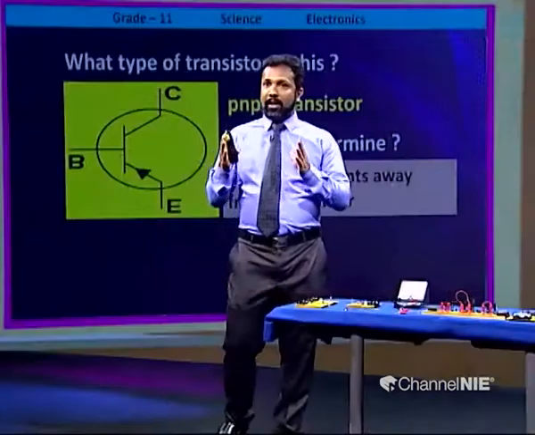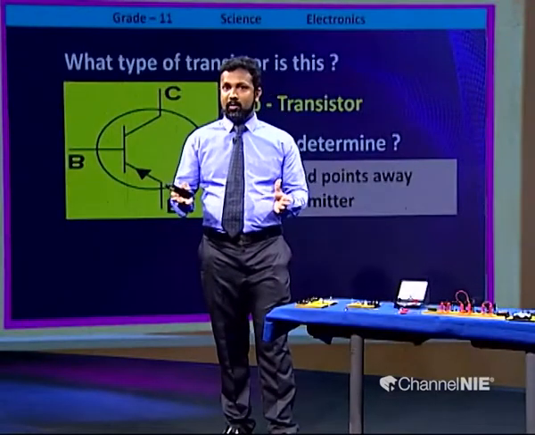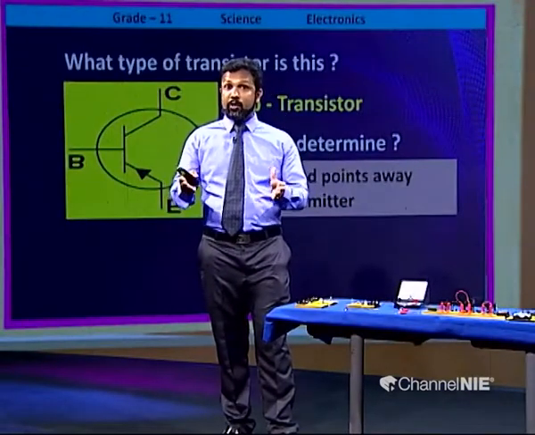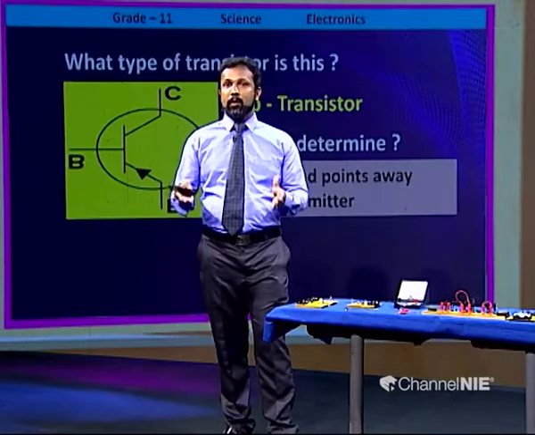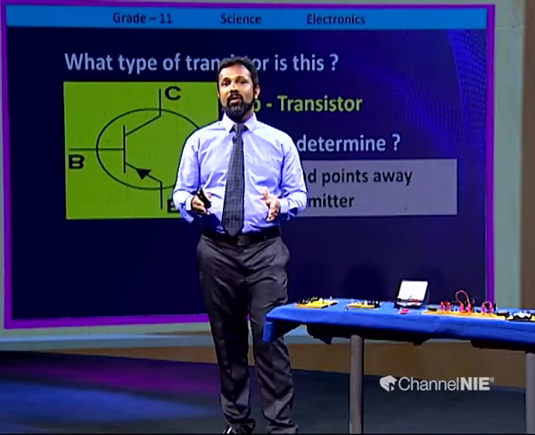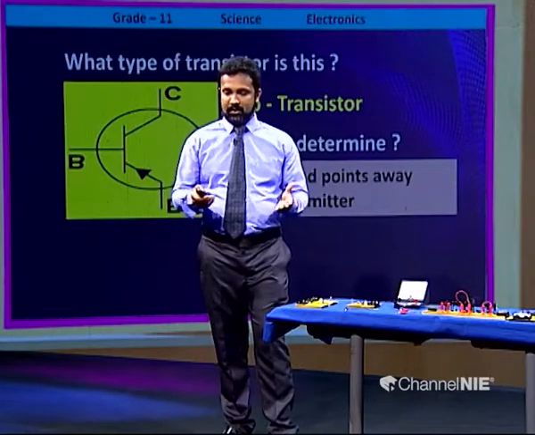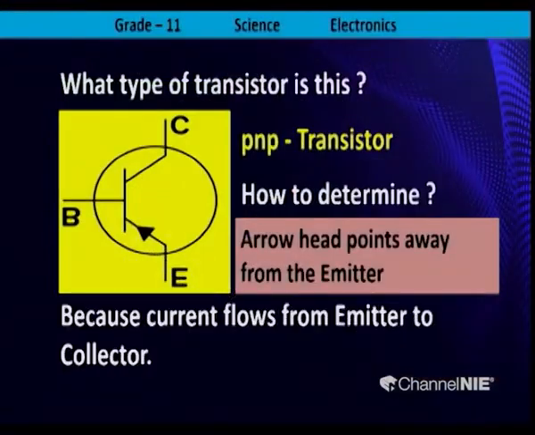So by using the direction of the arrowhead, we can find out whether it is a PNP transistor or an NPN transistor. And also we can realize that in PNP transistors, current flows from emitter to collector.